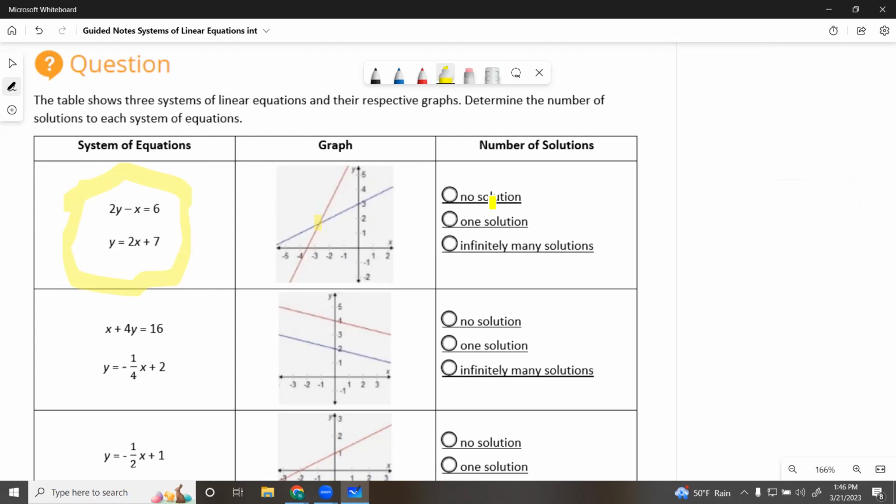They cross right there, so that means there is one solution. Next, we have two lines that are parallel. We can't see that they're parallel, but that's what they're indicating. So there is no solution.